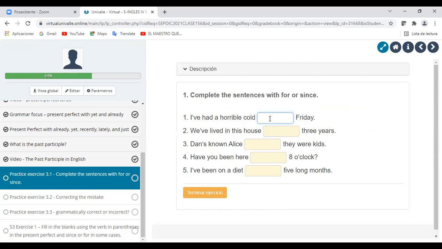I have had a horrible cold since Friday. We live in this house for 3 years. Dan's known Alice since they were kids. Have you been here since 8 o'clock?